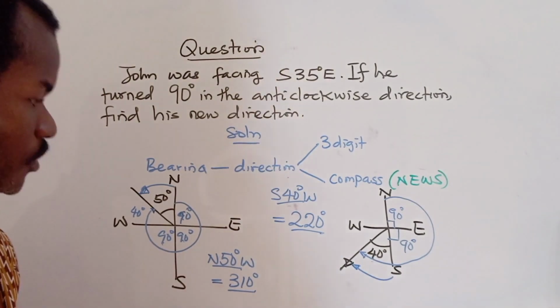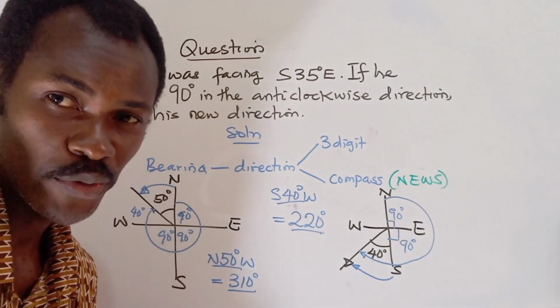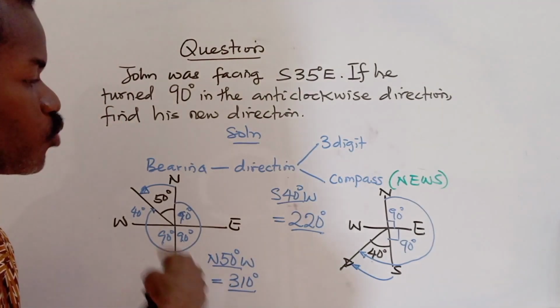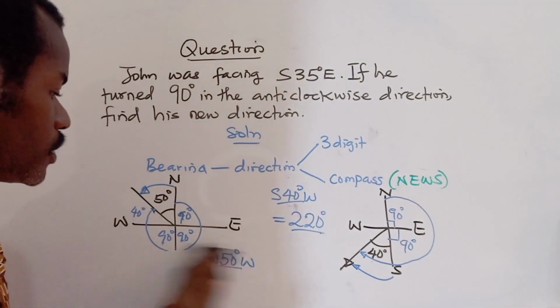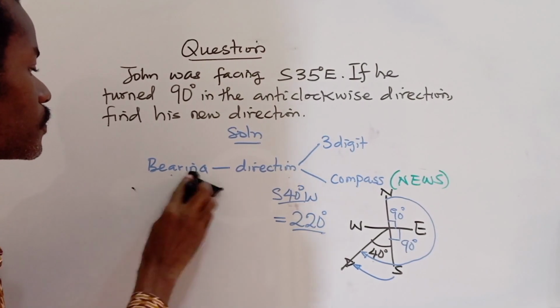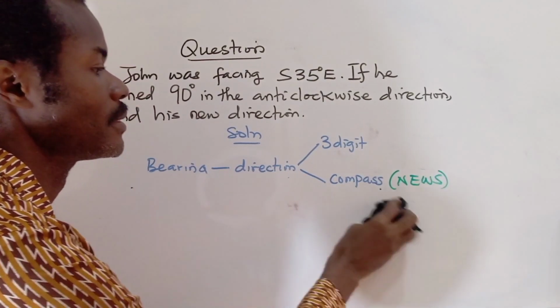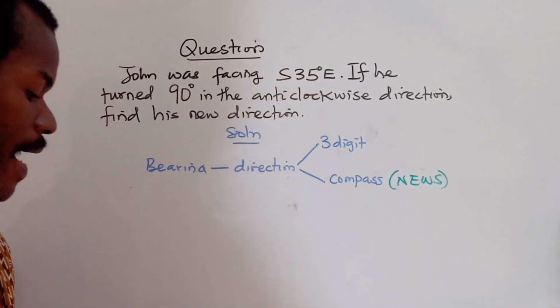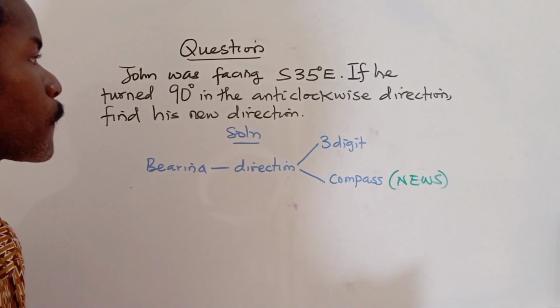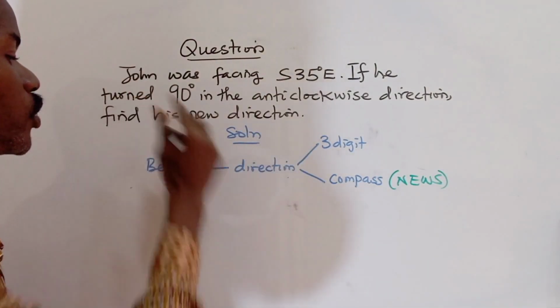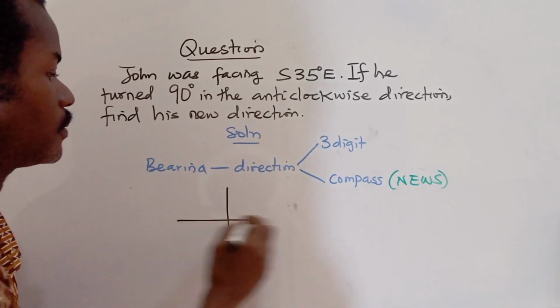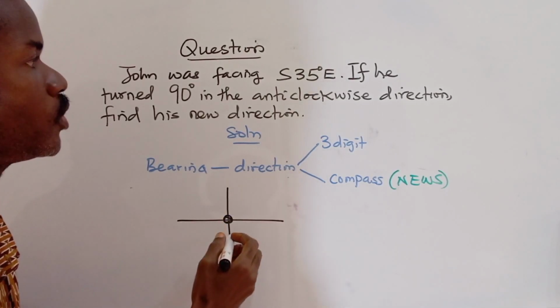Now, having understood bearing, let's use what we have done to solve the question. For this question, all we need to do is draw this. So John, actually, this is the face of John.